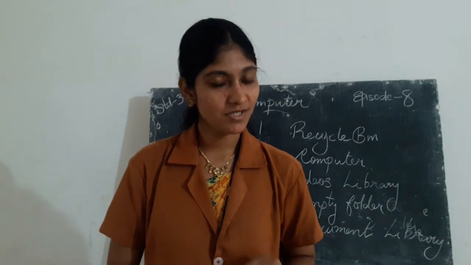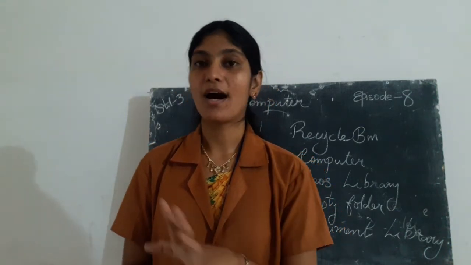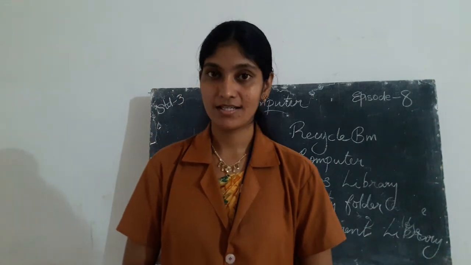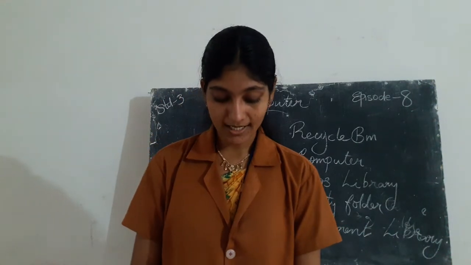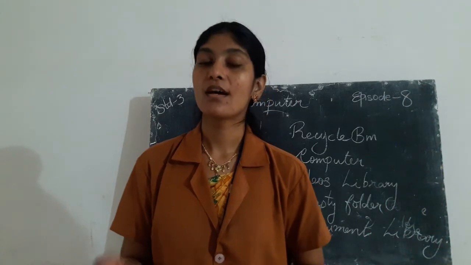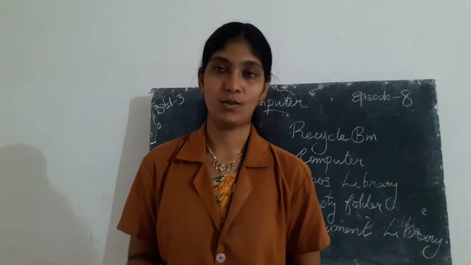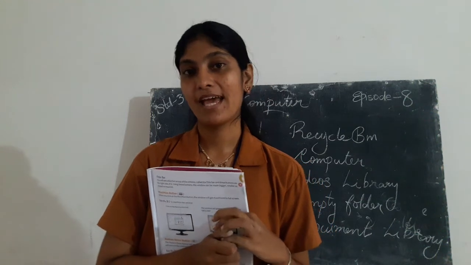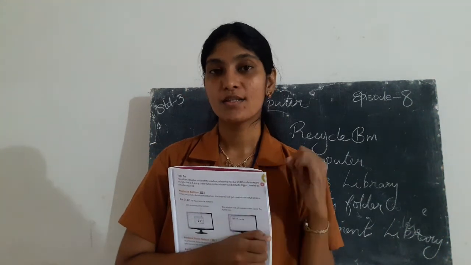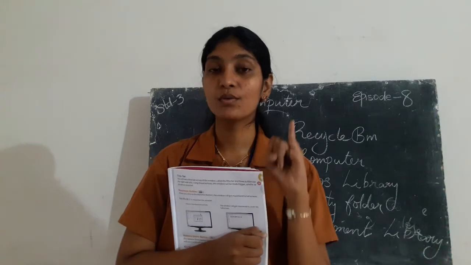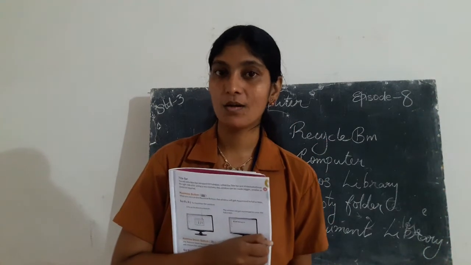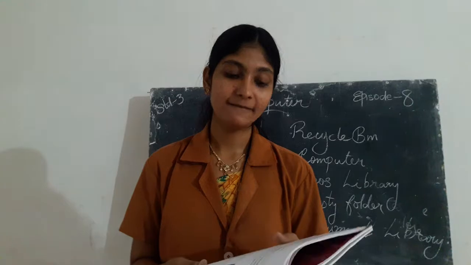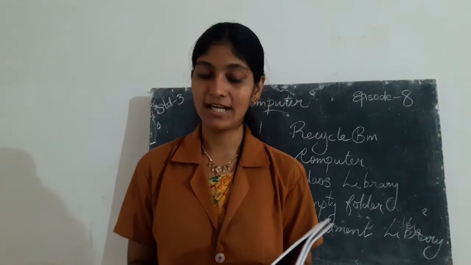So there are some options on the computer to arrange the icons in a correct way. Let's see what they are. To arrange the icons on the desktop and keep the desktop clean, first right click on the desktop and then a shortcut menu will appear.